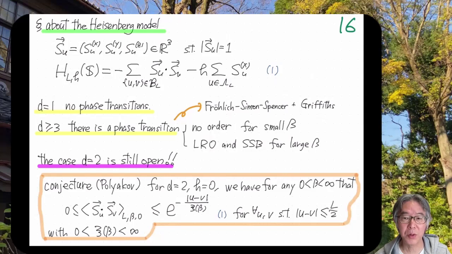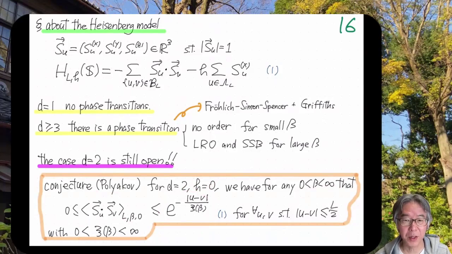What happens in 2 dimensions? There's another very interesting thing, and this is still an open conjecture due to Polyakov. The conjecture says that in dimension 2, if the magnetic field is vanishing, then at any temperature, the 2-point correlation function decays exponentially. Of course, this means a finite correlation length. This has been conjectured for a long, long time.